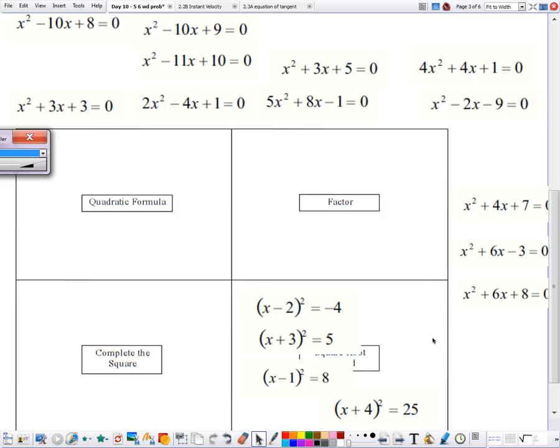Okay, next on your list was factoring. I think I'm going to look through all of these trinomials and individually put them as I look at each one. Does anything multiply to 8 that adds to 10?